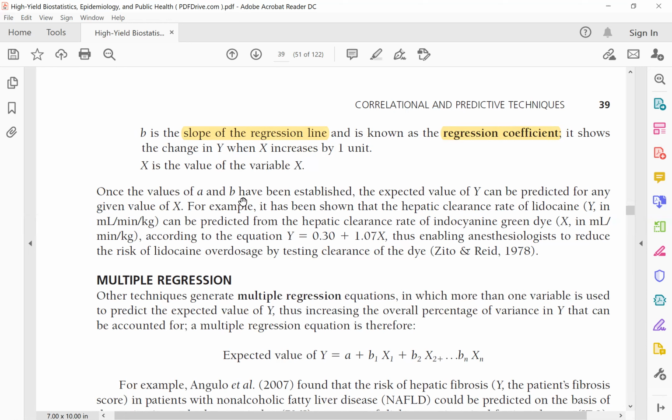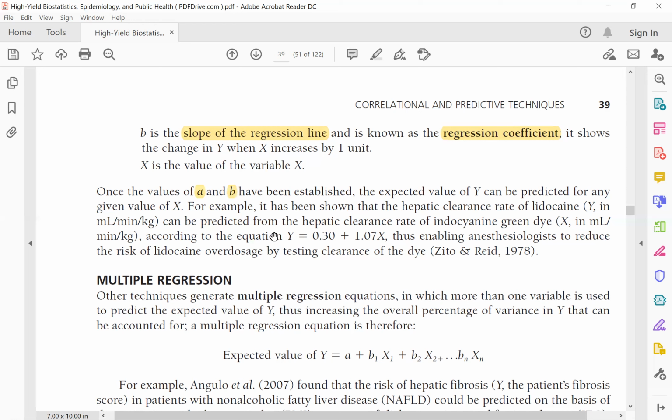So once the values of a and b have been established, a being the intercept, b being the slope, the expected value of y can be predicted for any given value of x. For example, it's been shown that hepatic clearance rate of lidocaine, y, in millimeter per minute per kg can be predicted from the hepatic clearance rate of indocyanine green dye, x, in milli per minute per kg.